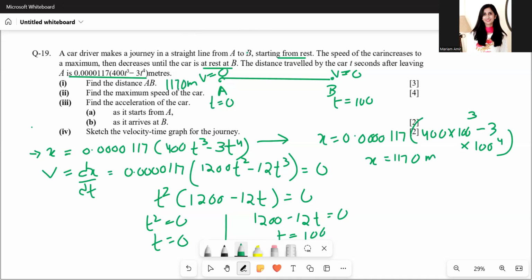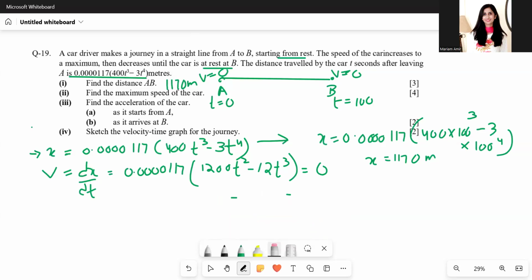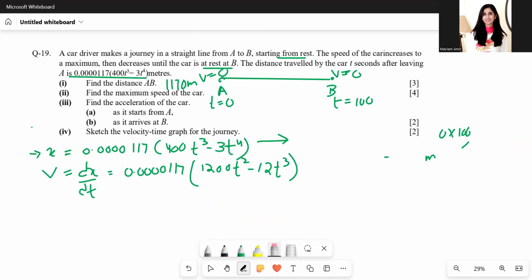Okay. Part 2 is find the maximum velocity. At the maximum velocity, the acceleration is 0. So let's find the expression for a and equate it to 0.